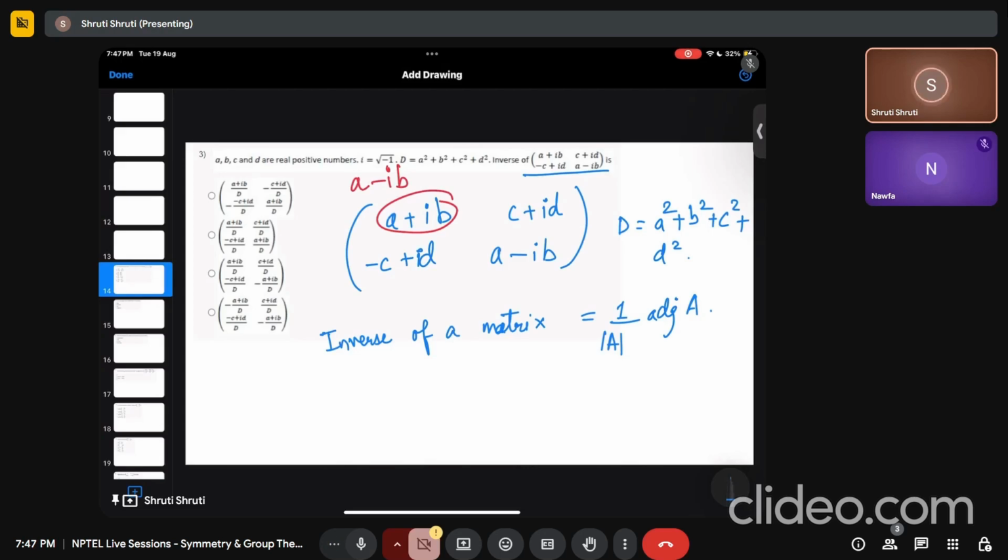So to get the adjoint, what we first calculate is cofactors. Adjoint matrix is what? Transpose of the cofactor. Now let me write cofactor by C. C11 is equal to, if we are calculating the cofactor for this, it will be the rest of the element.